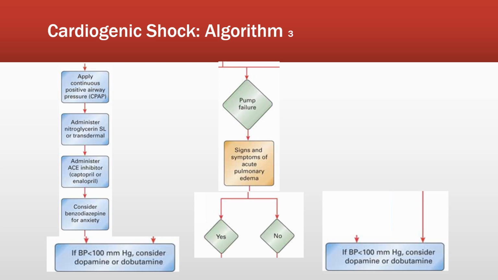Consider ACE inhibitors, and also consider some benzos for anxiety. After those treatments, if their BP is still less than 100, consider dopamine or dobutamine. If no signs and symptoms of acute pulmonary edema, well then consider, if their BP is less than 100, dopamine or dobutamine.